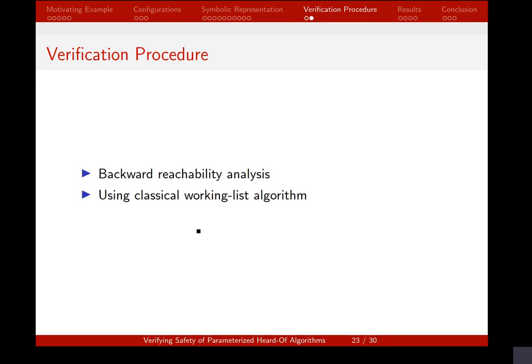If we reach the initial state, we report that the program is buggy and we show the trace. Otherwise, if we have finished traversing the state space and couldn't reach the initial state, then we report that the program is safe. In general, one might get lost in this process forever, but we show that we actually terminate.